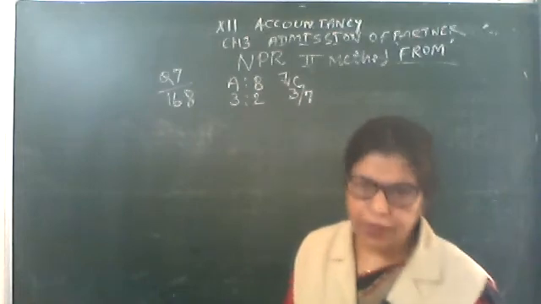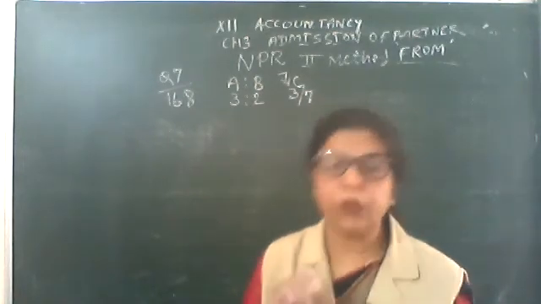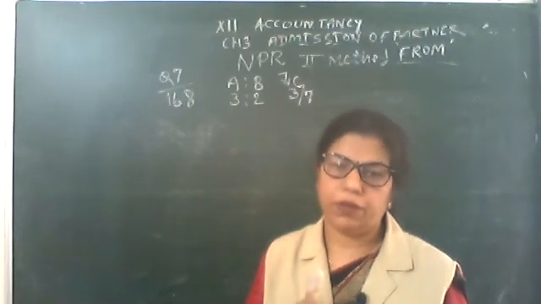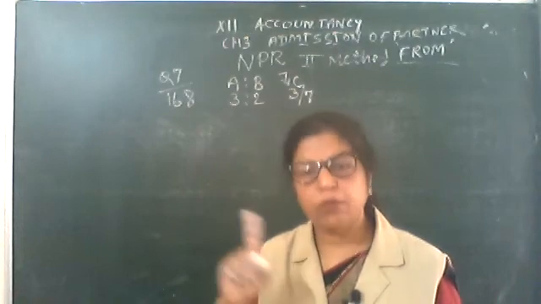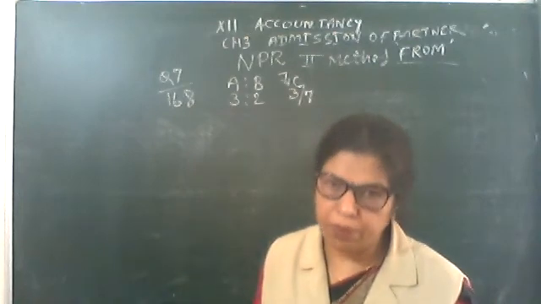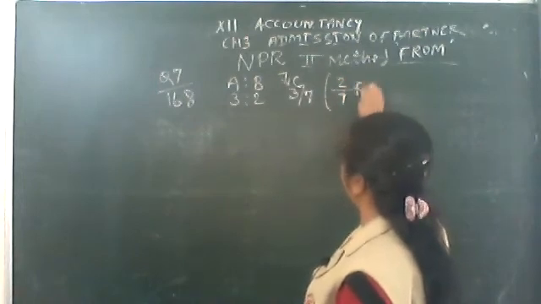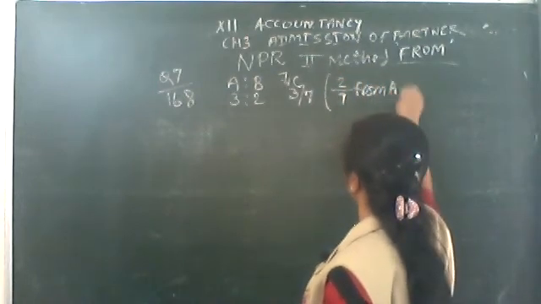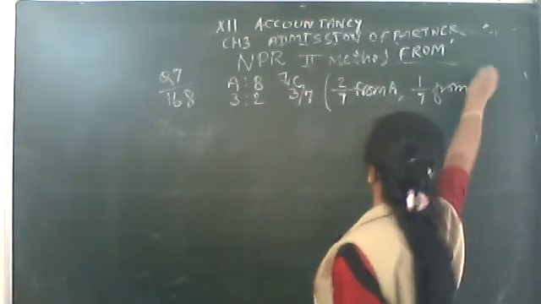Then it is clearly given in the question, 2 by 7 from A, 1 by 7 from B.